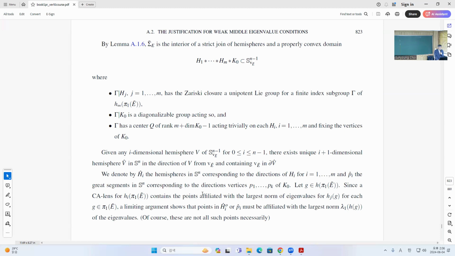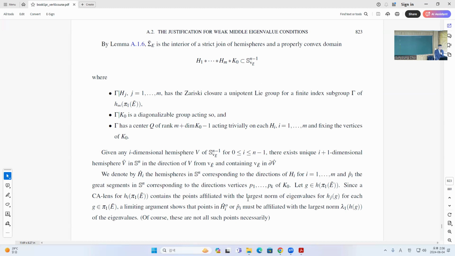The point is that if you have any elements like this, and if you have the largest norm eigenvalue associated with some point, then this point will always converge to some point in the interior of this, or the direction may converge to here, but it may not really converge.